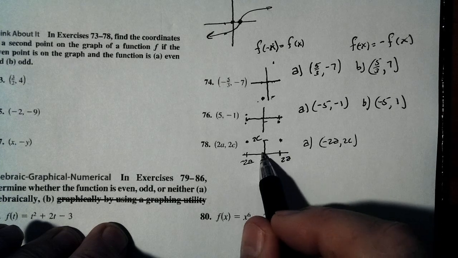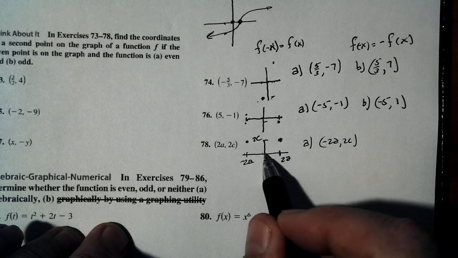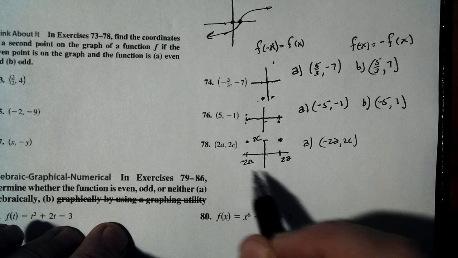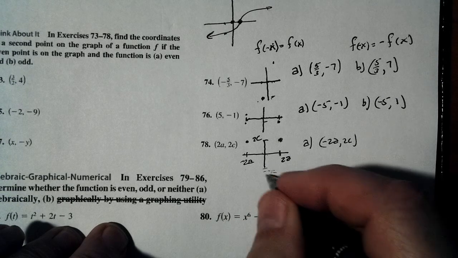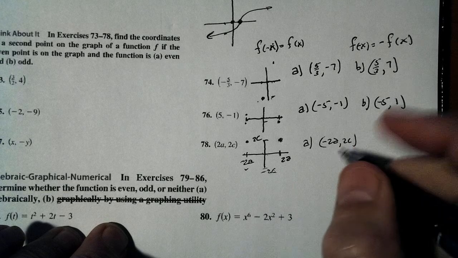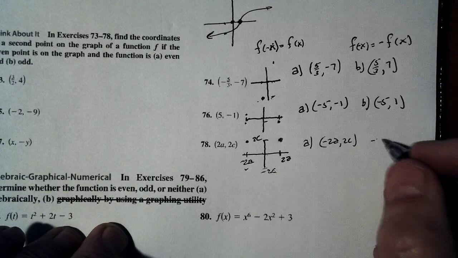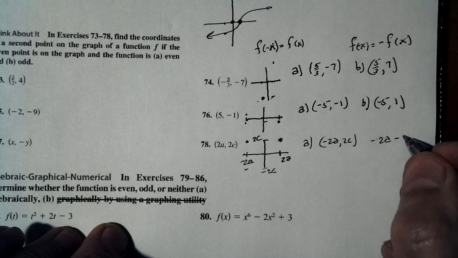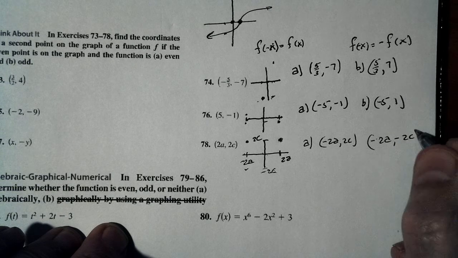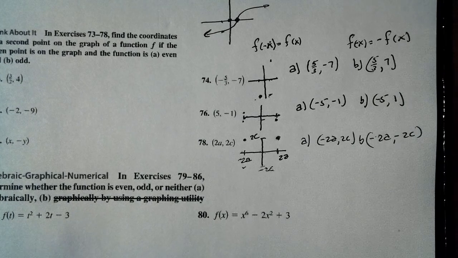And odd, where the height to the left, that distance, is the opposite. So that would be left 2A, down 2C for part B.